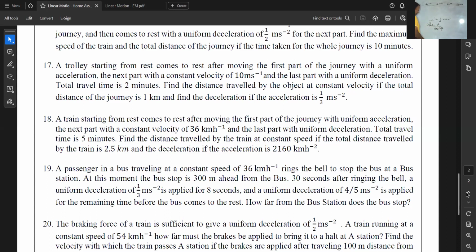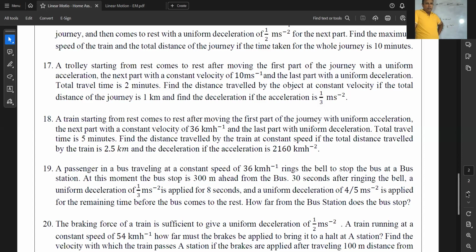Then again, 2, this one will be cancelled out. It is 6. That means 1/6 ms minus 2. That means the acceleration is 1/6 ms minus 2.